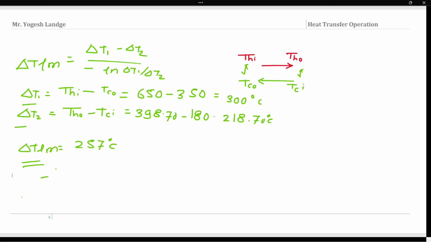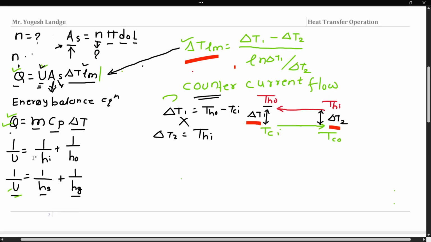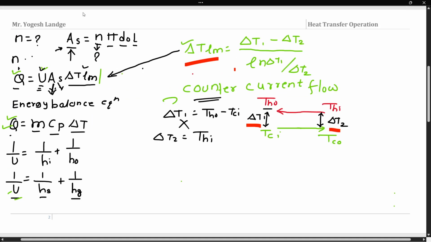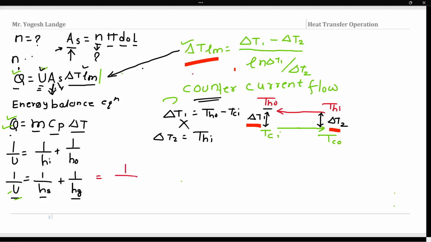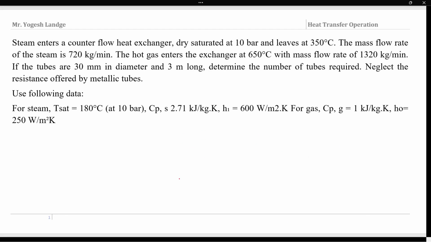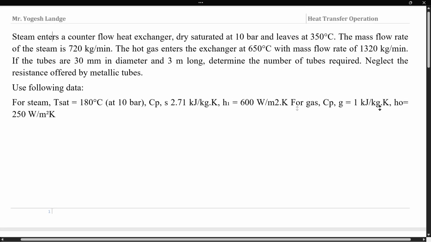Again, you can write the value of U as 1 upon h: the heat transfer coefficient for the steam is 600, and for the gas it is given as 250. On the basis of the data mentioned here, 250 and 600, and 300 we have.